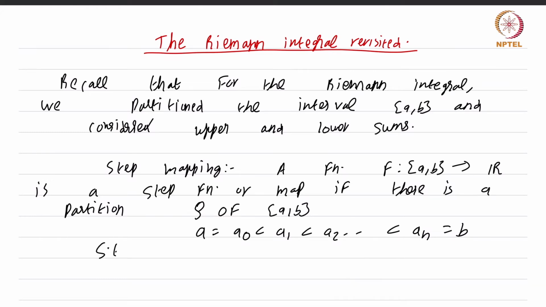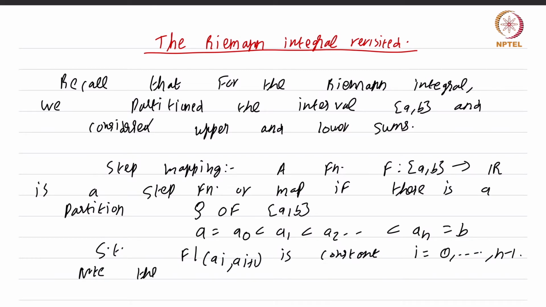If there is a partition such that f restricted to the open interval (ai, ai+1) is constant, where i runs from 0 to n minus 1. So you can break up the interval [a,b] into finitely many pieces such that on each piece the function is constant. Note that the values at ai are irrelevant.